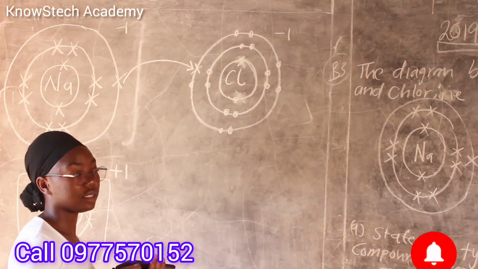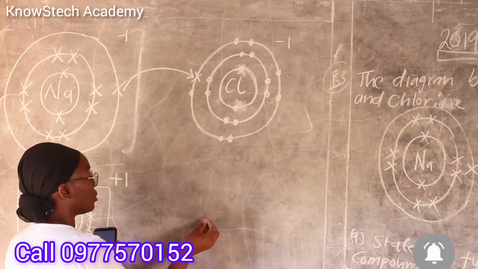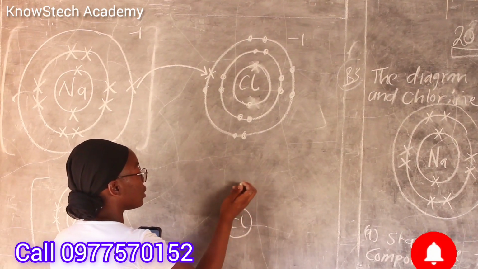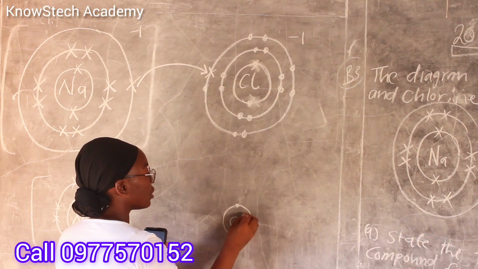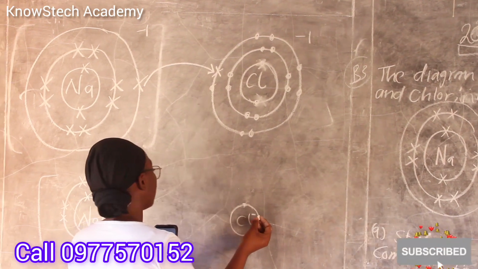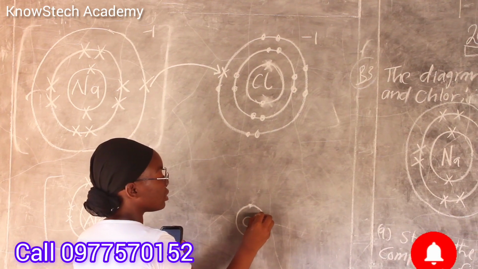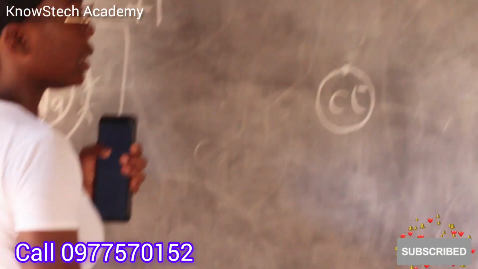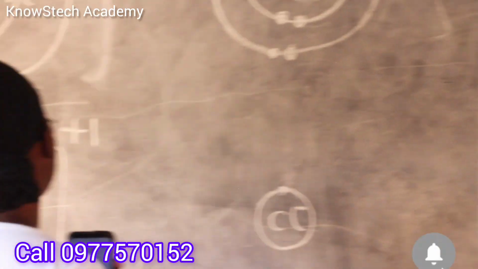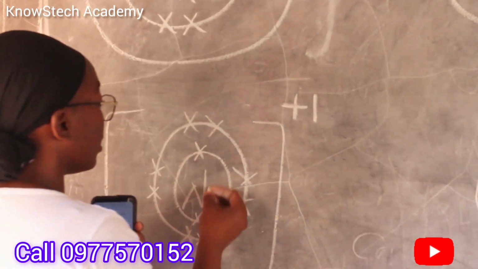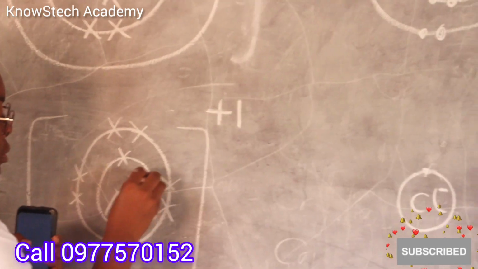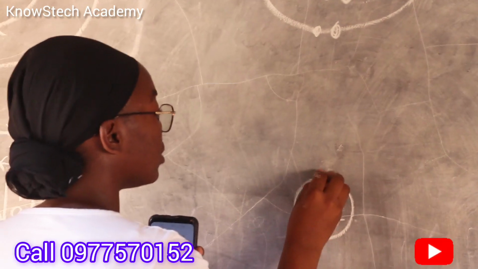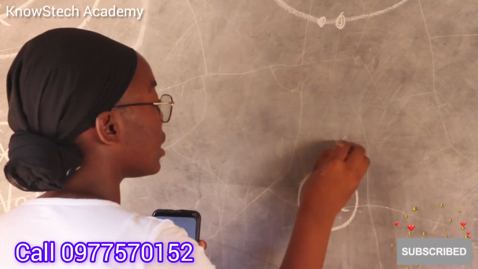And if you want, it's up to you to put a 1. So we write our chlorine here. Here we can put a minus sign. So this minus sign here is going to symbolize that chlorine has gained an electron from sodium. And here, if we want, we can put an additional sign. So it's going to be like this.